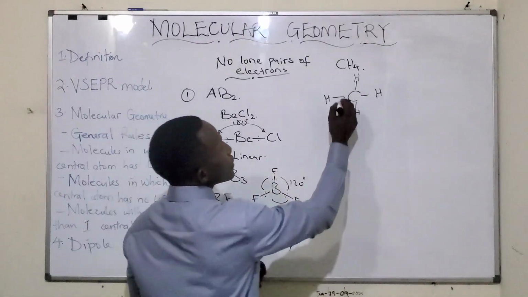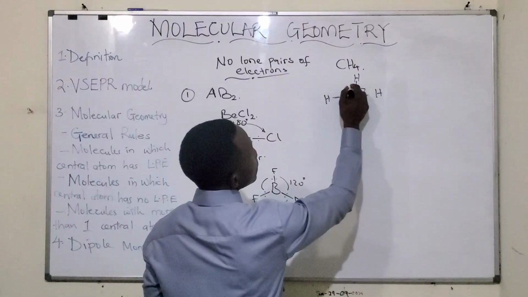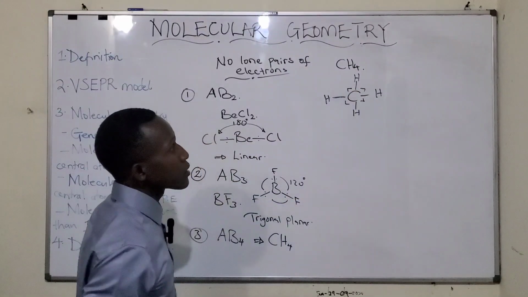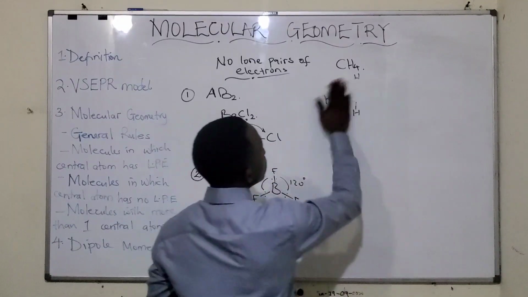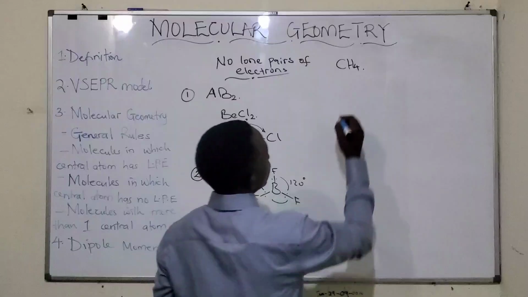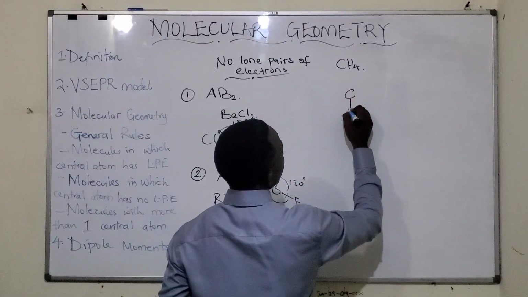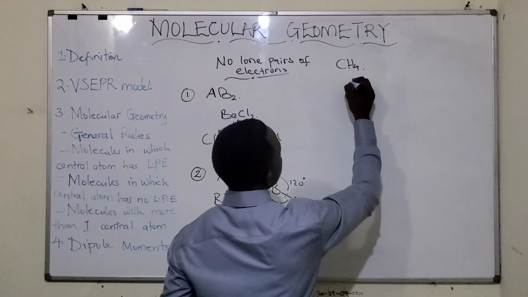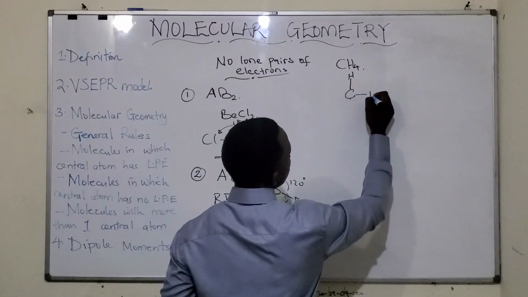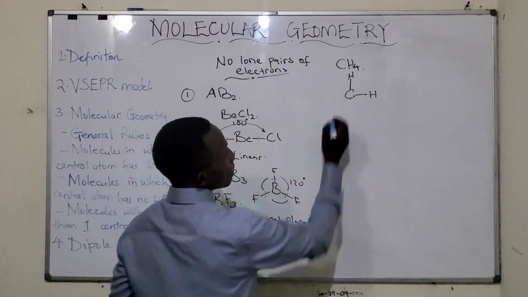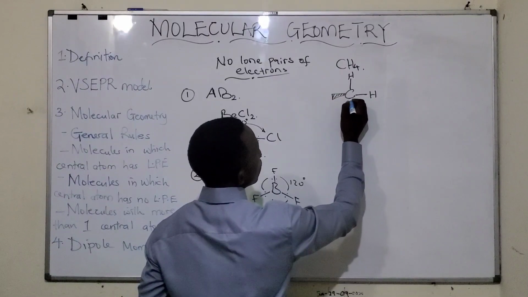But remember, these atoms are not in the same plane, so they can't be like this. So the structure will be: we have the carbon atom, then a hydrogen atom here, another hydrogen atom, then we shall have this and this.